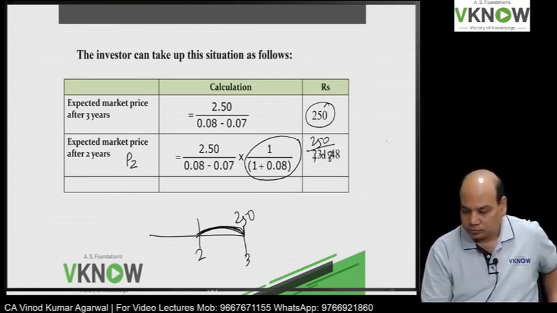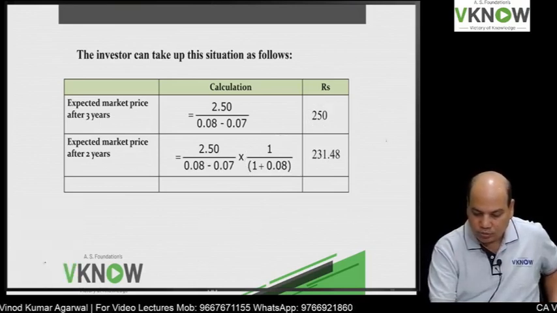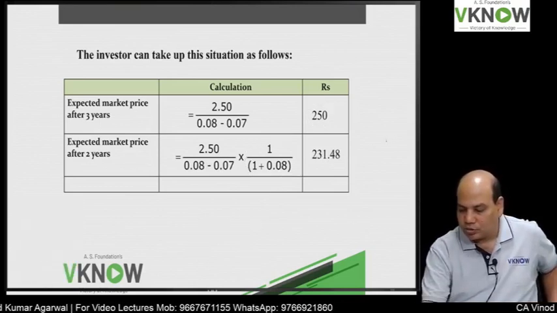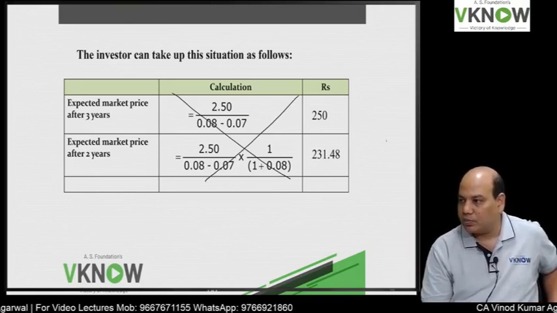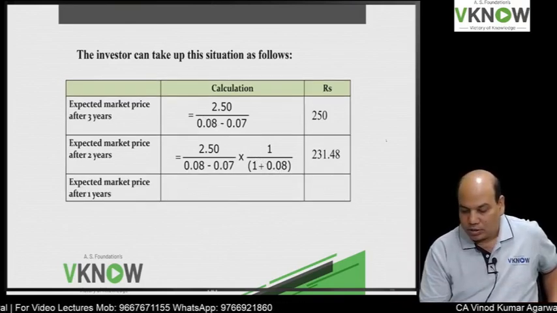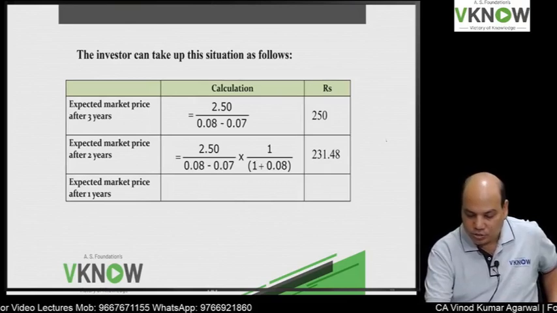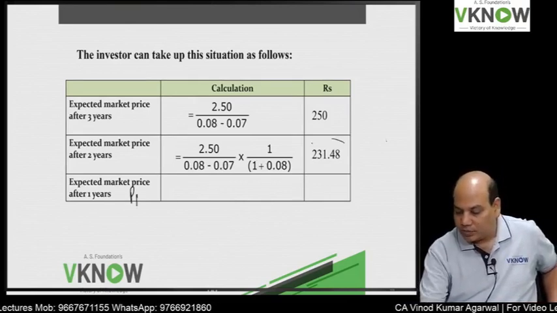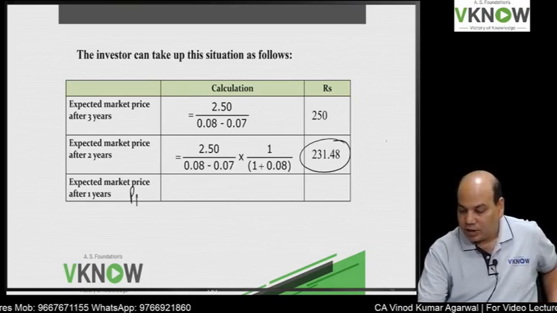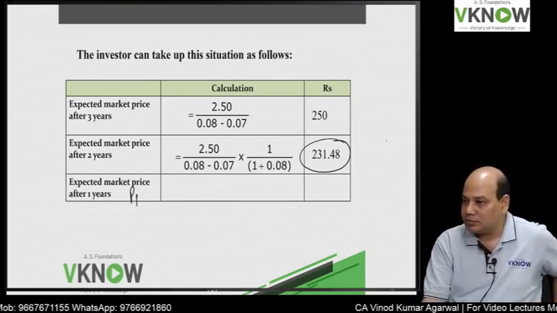How much? 231.48. Don't write so much. You can just write down 250 divided by 1.08. And for year 1, write down P1. Take this number and divide by 1.08.